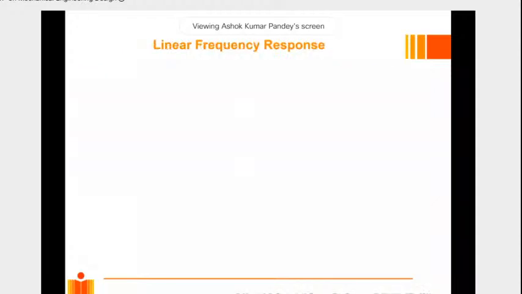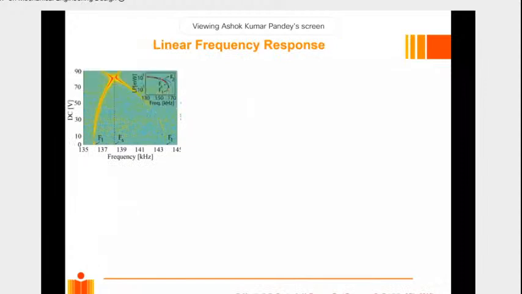So here is another example. This is a single beam. As I explained, you have one frequency which is increasing, another reducing, and then you are having this coupling range.